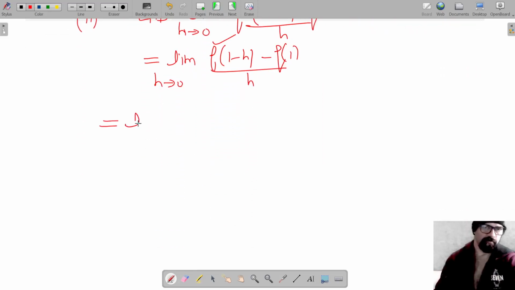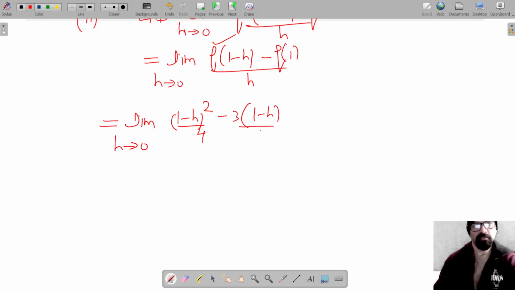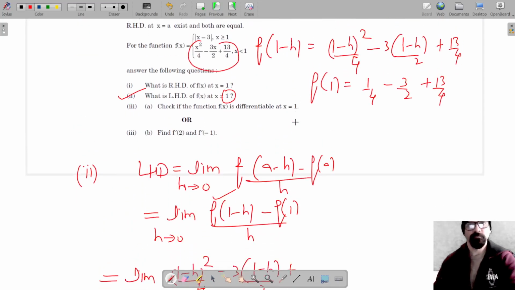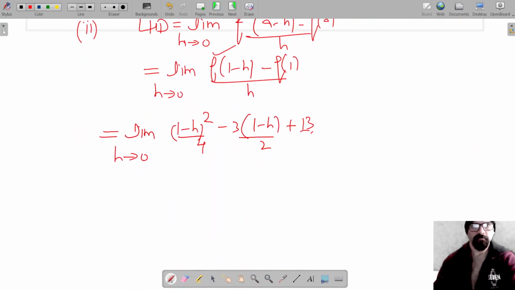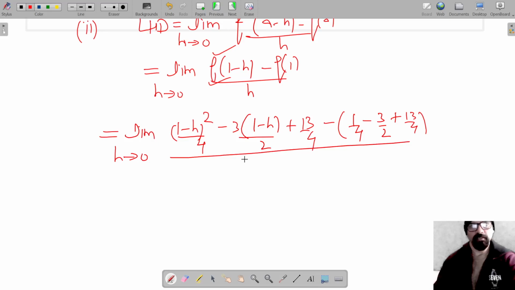So this is now equal to limit h tends to 0, f of 1 minus h is 1 minus h the whole square by 4 and minus 3 into 1 minus h by 2 plus the last one is 13 by 4. So this is the value of f of 1 minus h. Now f of 1 is 1 by 4 minus 3 by 2 plus 13 by 4, upon h.